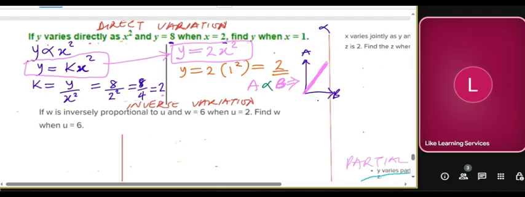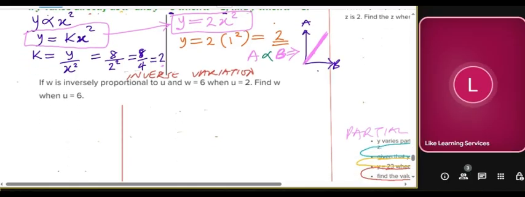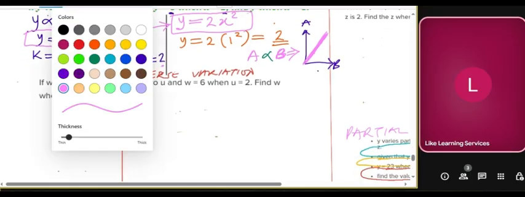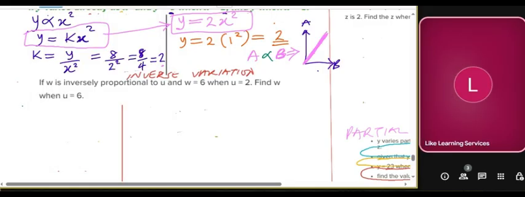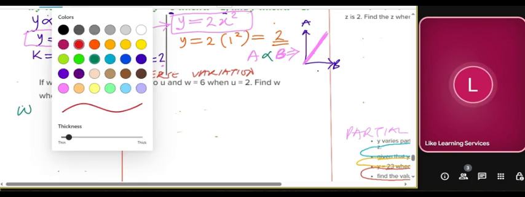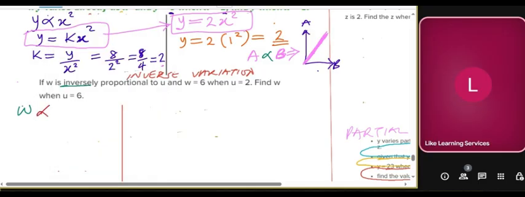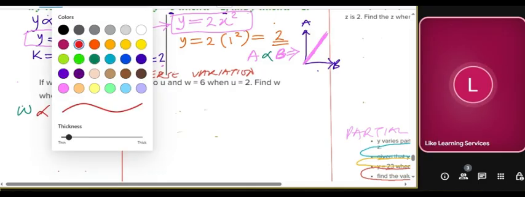Alright, now for inverse variation. If W is inversely proportional to U and W is 6 when U is 2, find W. Of course, W is inversely proportional to U, so we write W is proportional to 1 over U, you know that.